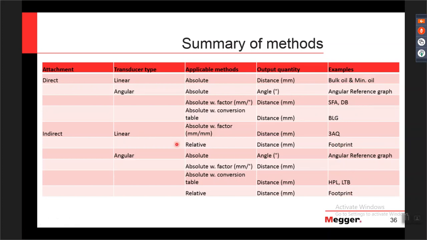You can do that both with the linear transducer relative and angular transducer relative. That's made for footprint measurements. I didn't mention it here, but some of these other measurements with indirect connection of the transducer should also be footprints, if you don't have a factor specified by the manufacturer or a conversion table or so.